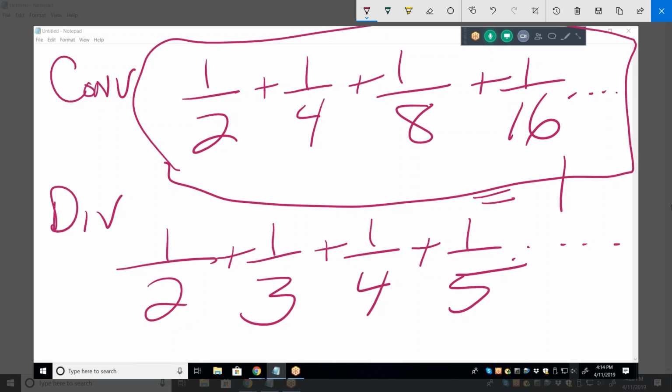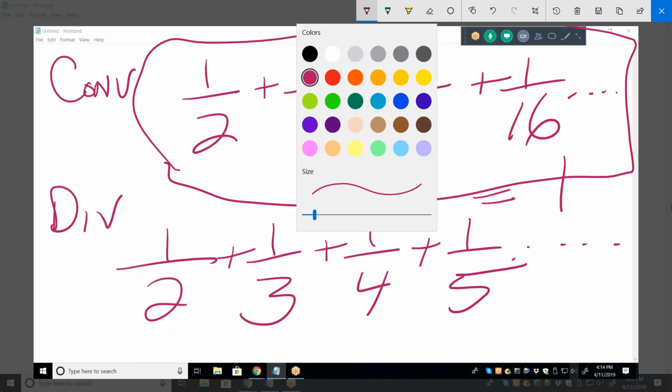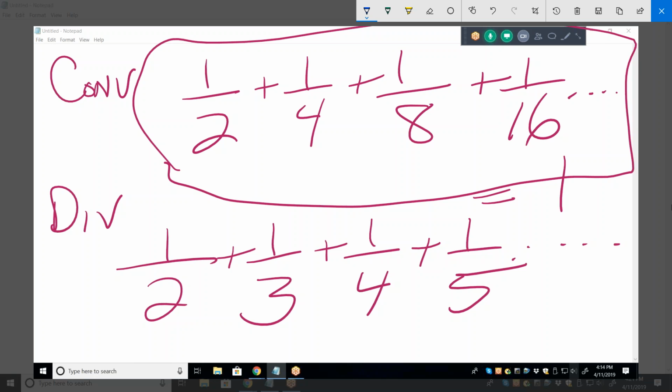But it's relatively easy. You're talking about 1/2 to the n minus 1 power. And what we're told is that the sum is a over 1 minus r, where a in this case is not 1/2.